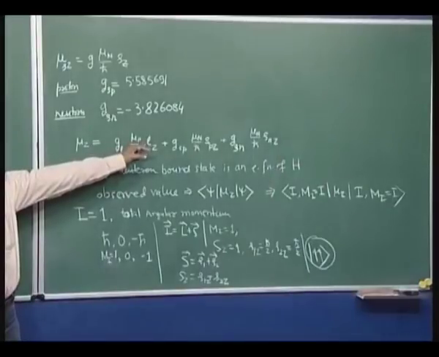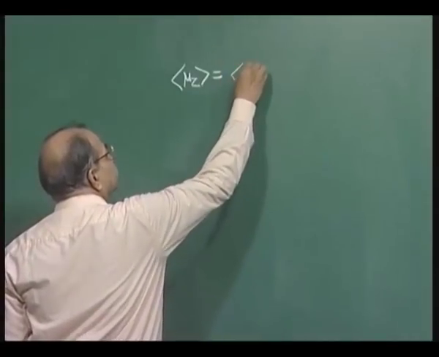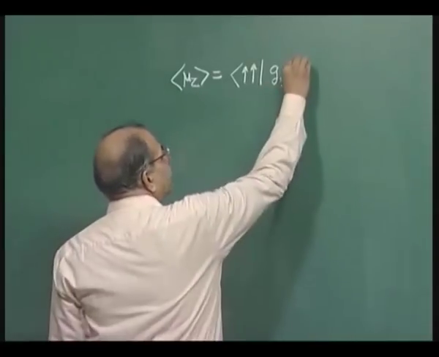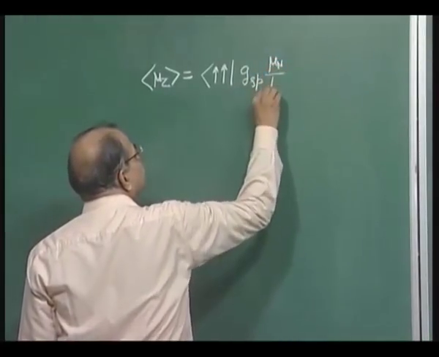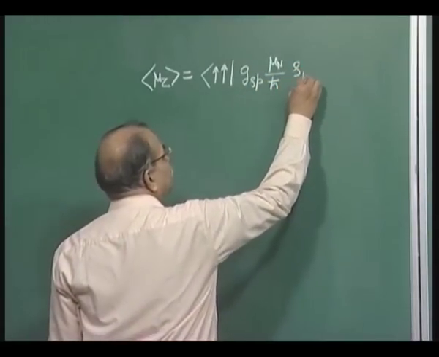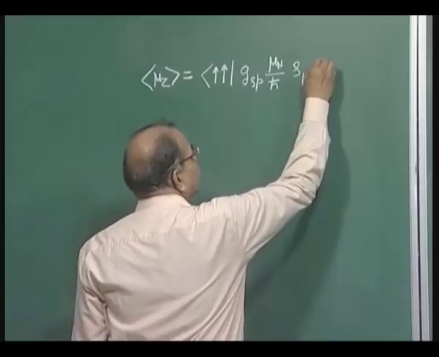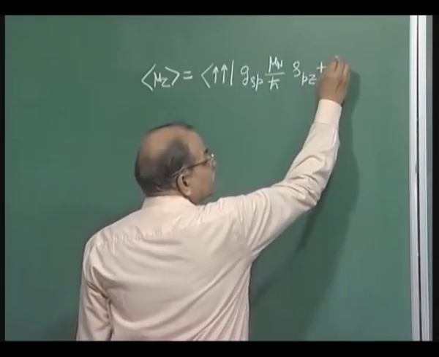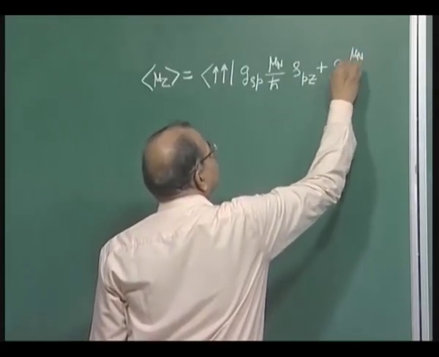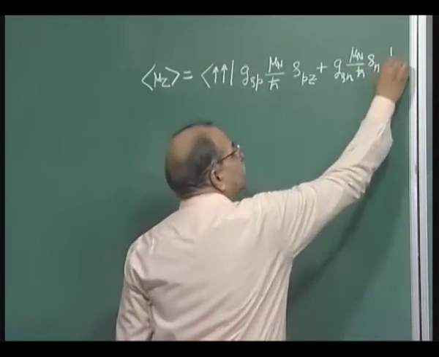Here it is this wave function, then g S P mu n over h cross, these are constant numbers, and then S P z, proton z component spin, okay, and then plus g S N mu n over h cross S N z, and then the wave function.